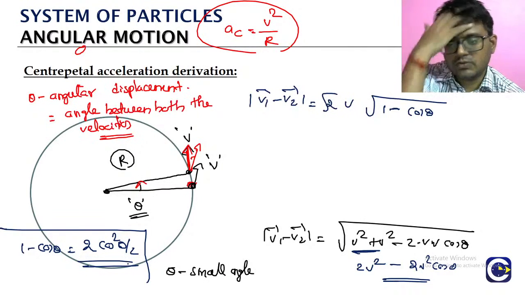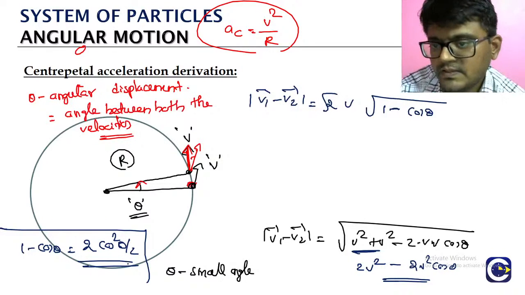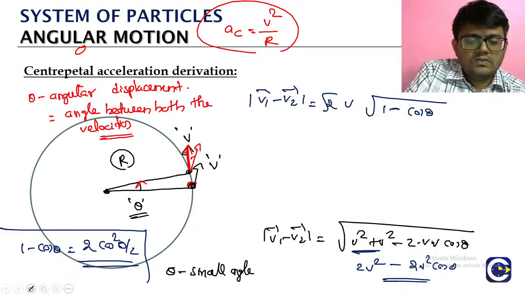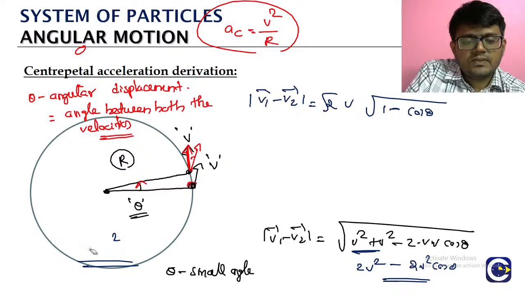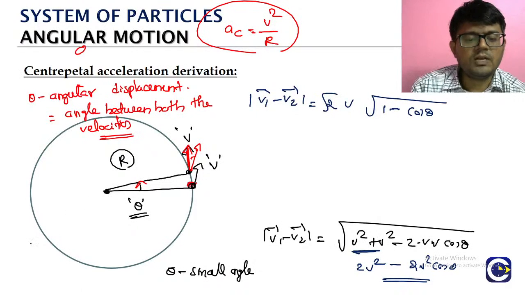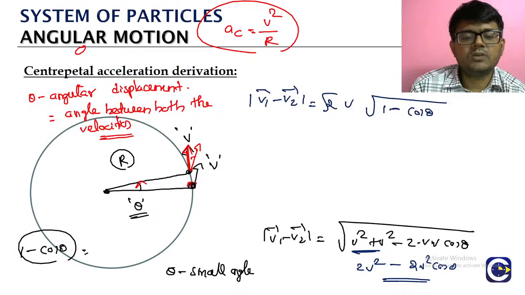What is the formula for 1 minus cos theta? 1 minus cos theta will be equal to 2 sin square theta by 2.